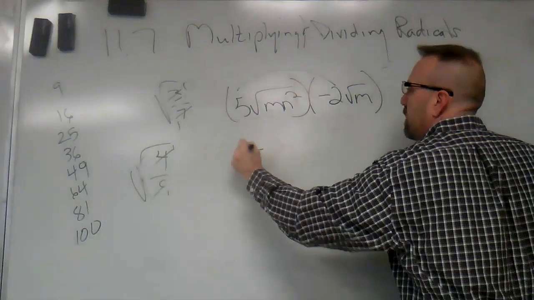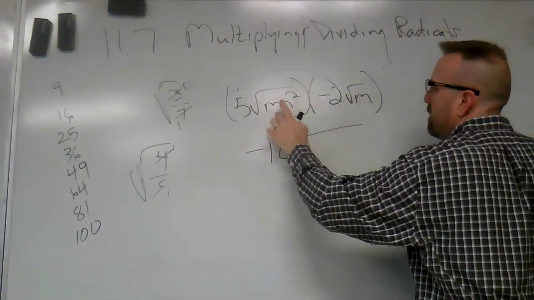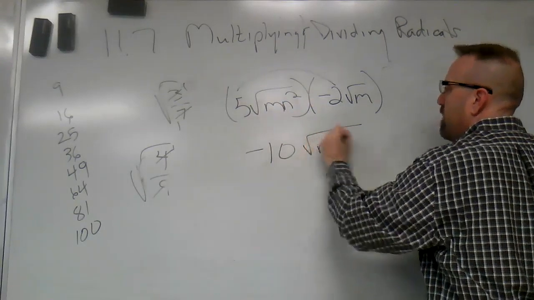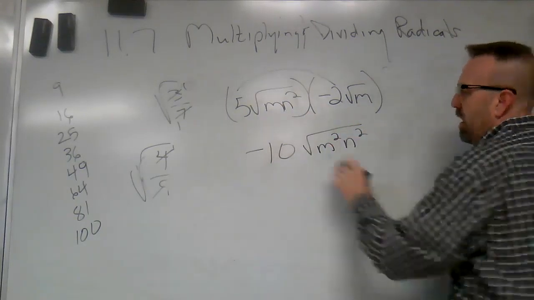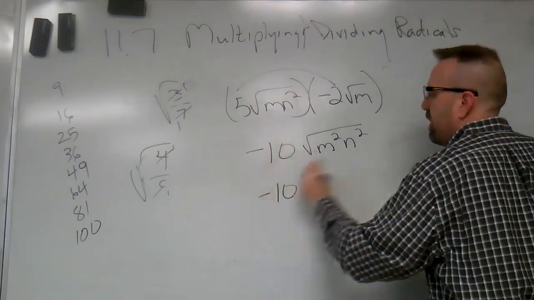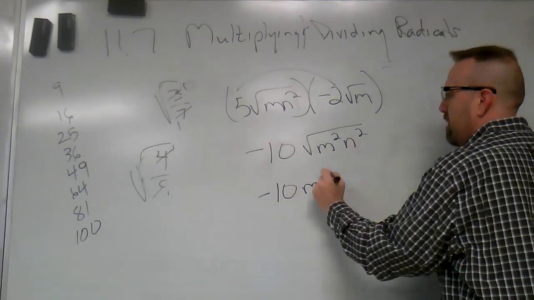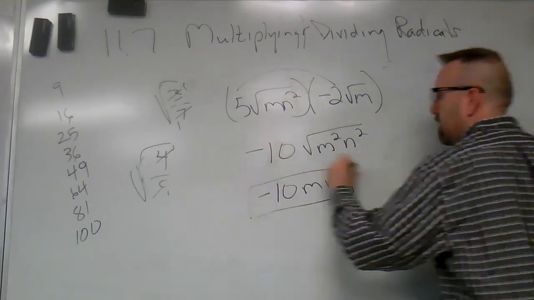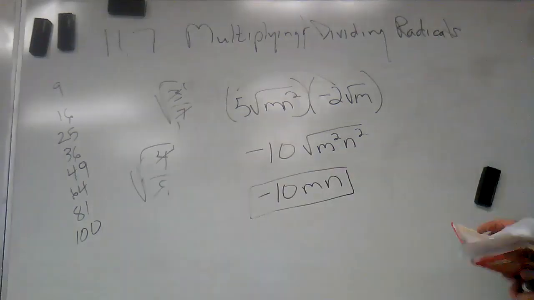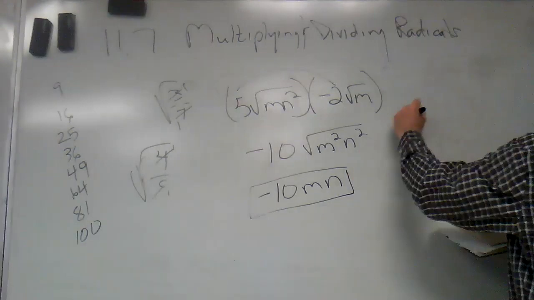So we multiply them, we get -10. Now in our radical, we have m times m gets us m squared, and we have n squared. This stays out in front, we're done with it. Square root of m squared is m, square root of n squared is n, nothing left inside. So there's our answer.